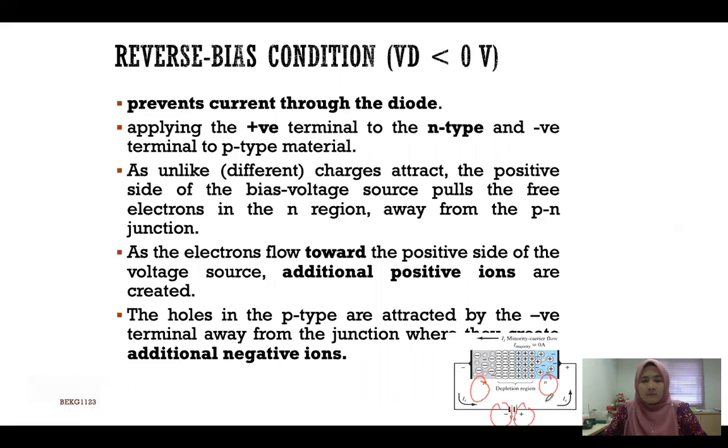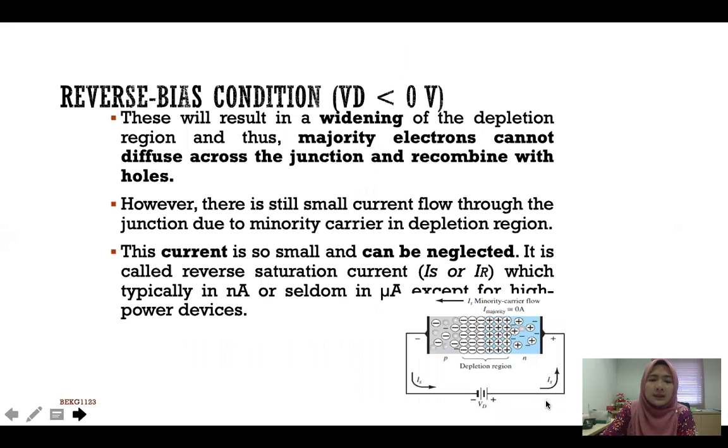So what happens? Similar to the forward bias, as the electrons flow towards the positive side of the voltage source, additional positive ions are created, and the holes in the p-type are attracted by the negative terminal away from the junction. This will cause the widening of the depletion region.